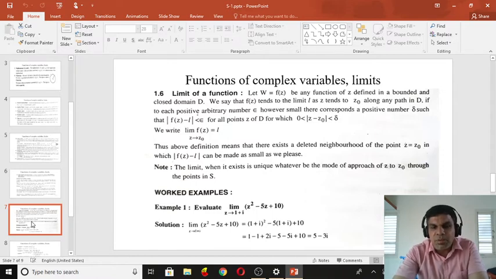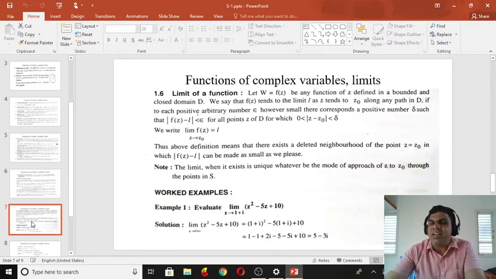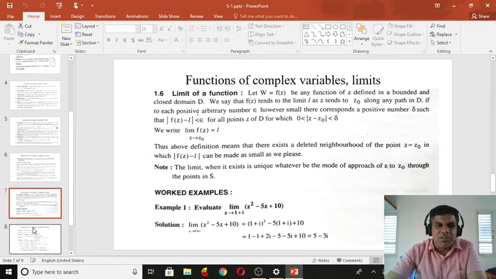Open that 1 plus i whole square, what do you get? 1 square plus i square plus 2i. i square is minus 1, the 1s get cancelled, we get 2i. Open the rest: minus 5 minus 5i plus 10. We get 5 minus 3i. This is directly applying the limit.